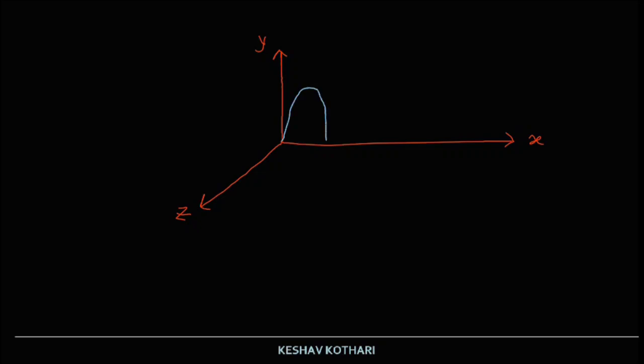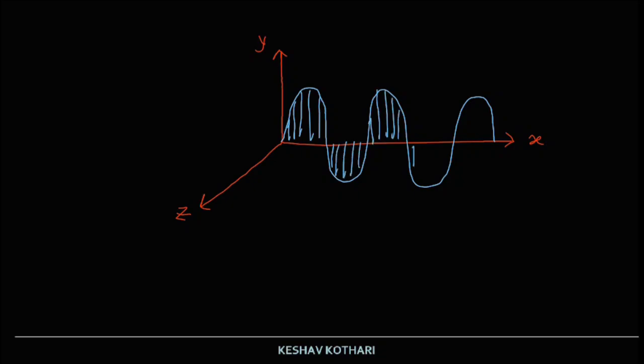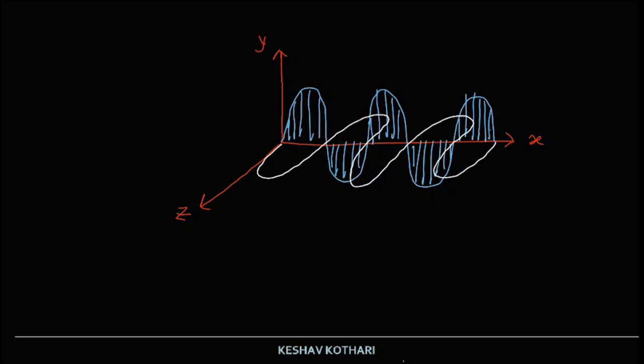The variation of electric field is happening in the y axis direction, and the wave is propagating in the x axis direction. And the variation of magnetic field is happening in the z axis direction, and the wave is propagating in the x axis direction.